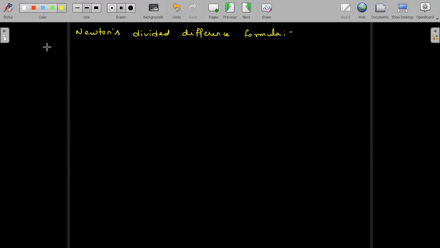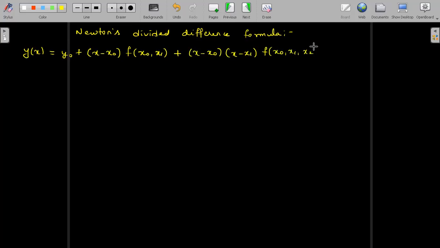This is given by y of x is equal to y naught plus x minus x naught into f of x naught, x1, plus x minus x naught into x minus x1 multiplied by f of x naught, x1, x2, plus x minus x naught into x minus x1 into x minus x2.